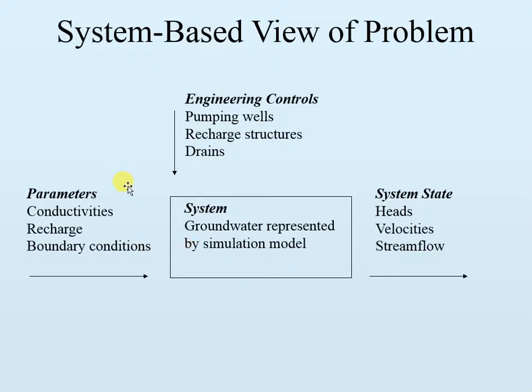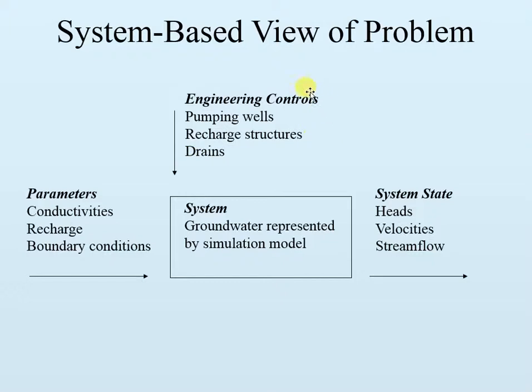Now let's take a look at the systems view of this. We can think of the simulation model as being a system, the real system represented by or approximated by the simulation model. And there are two sets of inputs. One is the parameters, and here's just an abbreviated list of the types of parameters that go into describing the system.